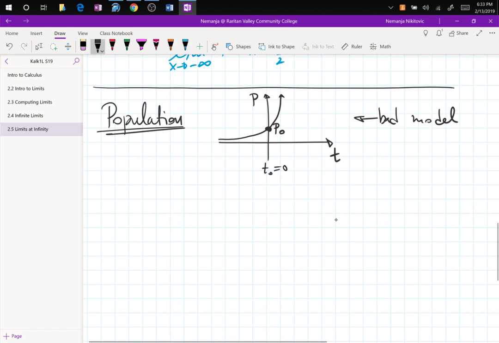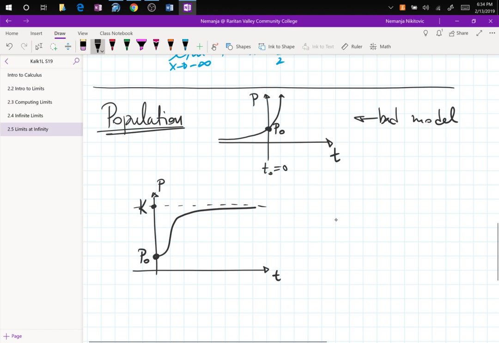There is another one, the logistic model, which is much better to describe the situation with the population. It also starts with the initial P0 population. It rises exponentially and then it levels off. Now that's the one that has this K value, and this K value would be that carrying capacity of the planet.